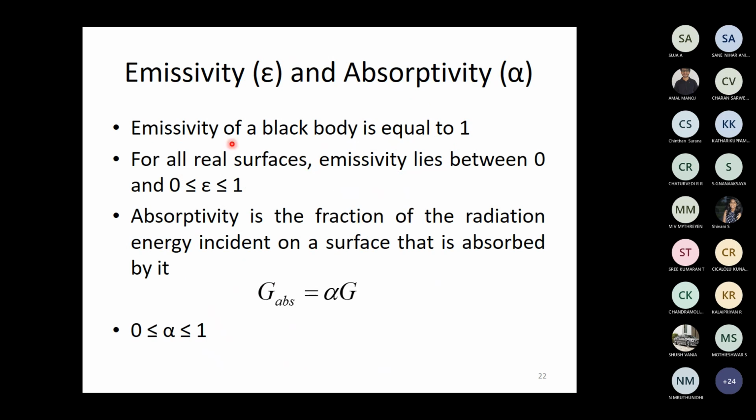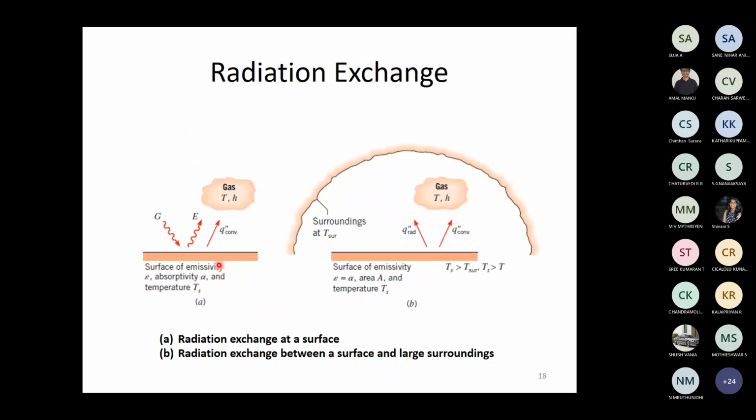Now coming to the emissivity. Emissivity of a black body is equal to 1, and for real surfaces, emissivity is between 0 and 1. I'll show you a list of emissivity values. Similarly, absorptivity is the fraction of the radiation energy incident on a surface that is absorbed by it. I've shown you one image here. This is the radiation falling on the surface, but not all of it is absorbed, only a part of it is absorbed.